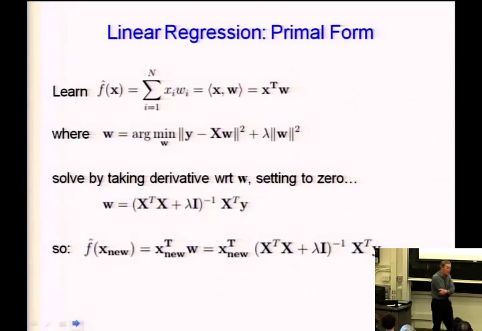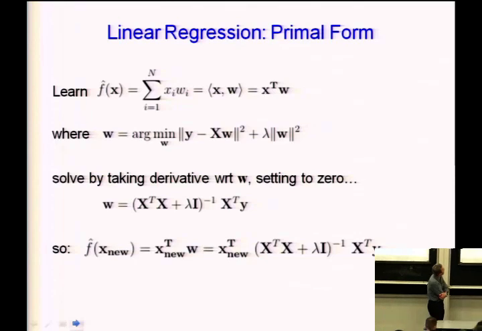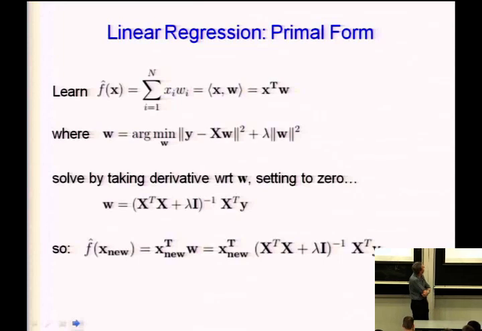All right, so talking about linear regression again. So here's our equation again. We want to learn some linear function of x, just the dot product or inner product of the input x with our weight vector w. And we want to minimize the sum of squared errors plus this regularization term. Then the way to solve this is the same way we talked about before.